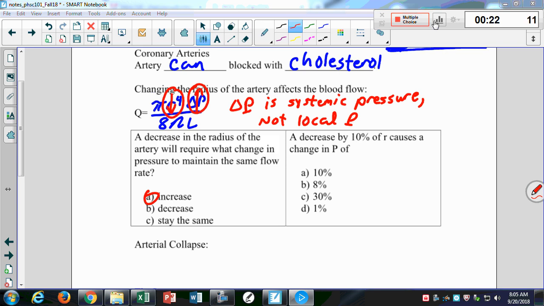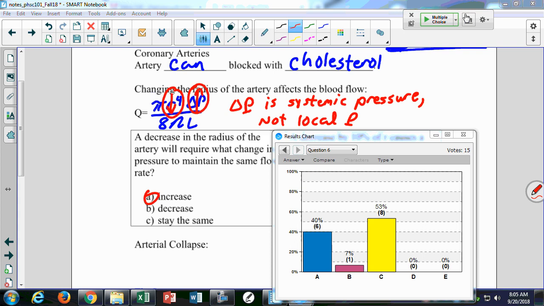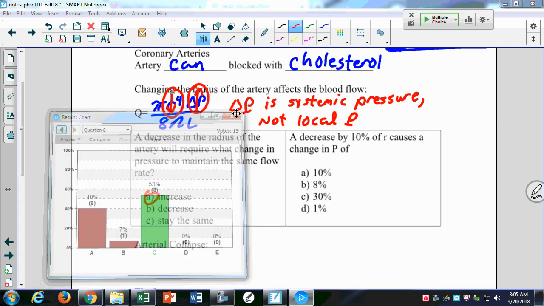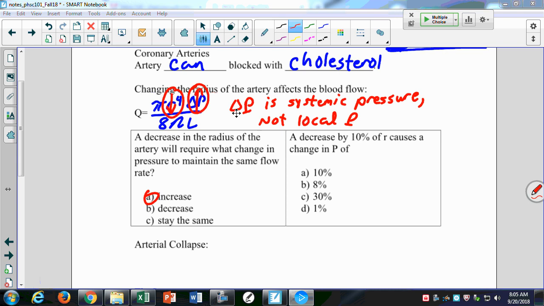That's really the question you want to ask yourself. All right, let's stop. Okay, let's see. C is right here. Again, you want to ask yourself, is it a big change or a little change?